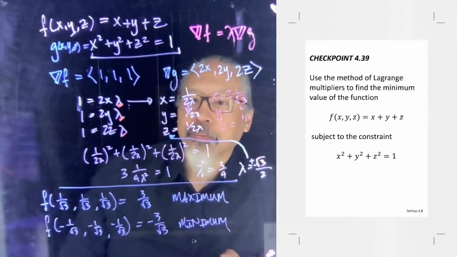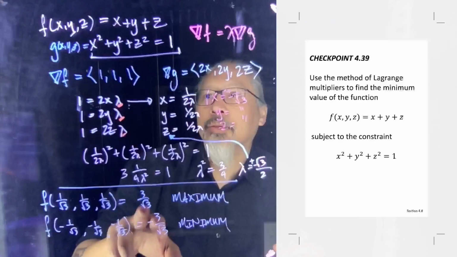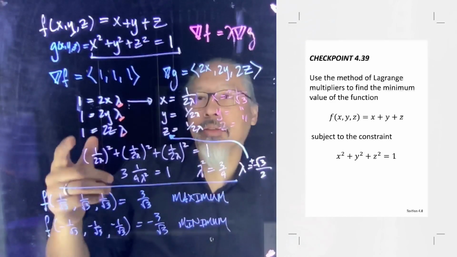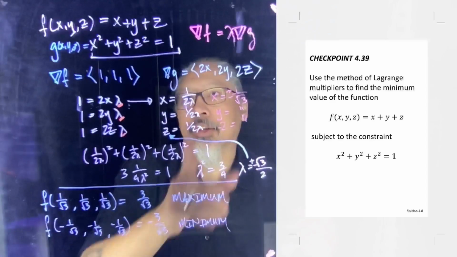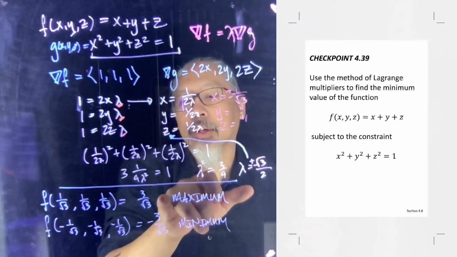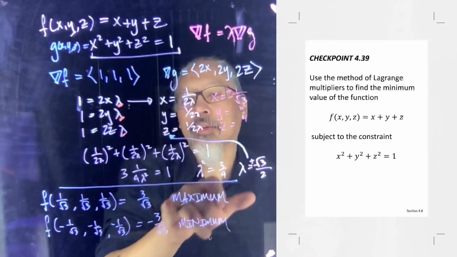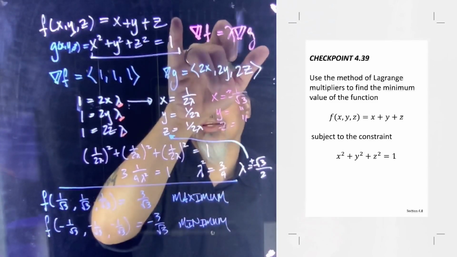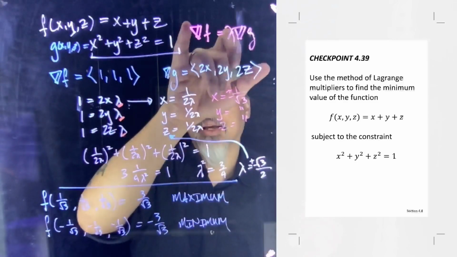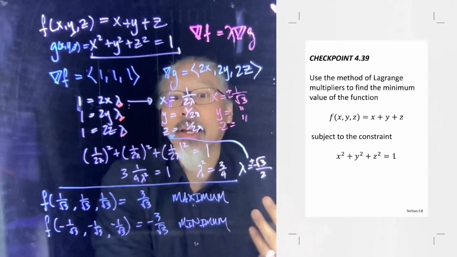I would encourage you to graph level surfaces. These are functions of 3 variables, and if you set the original function equal to 3 over root 3, and equal to negative 3 over root 3, you'll get planes.